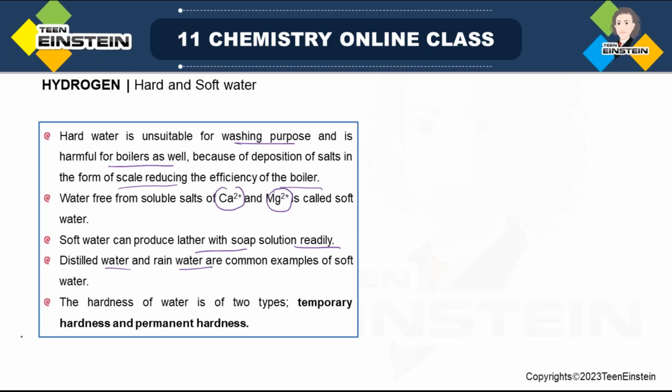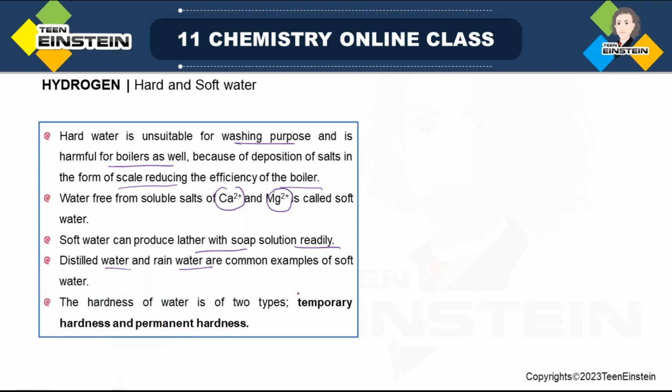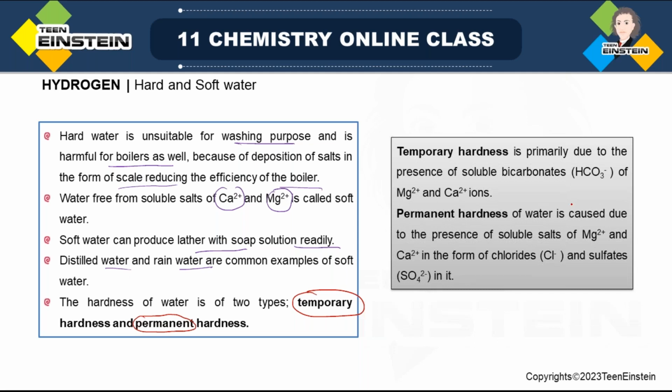Now, when we talk about hardness, there are basically two different types of hardness: temporary and permanent. What is the difference? Temporary hardness is because of HCO3 minus, which forms soluble salts. We have already seen that hardness occurs because of three anions when they make compounds with Mg2+ or Ca2+.